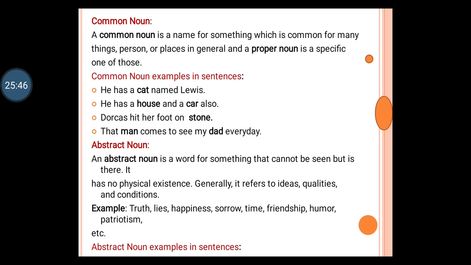Examples of this are truth, lies, happiness, sorrow, time, friendship, humor, patriotism, etc. These are all examples of abstract nouns. And I said earlier on that core values in Sleek Angels, integrity, discipline, and hard work, can be classified as abstract nouns.